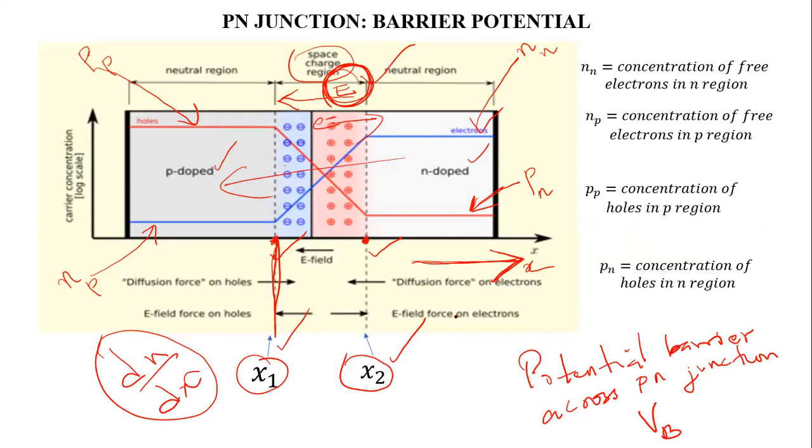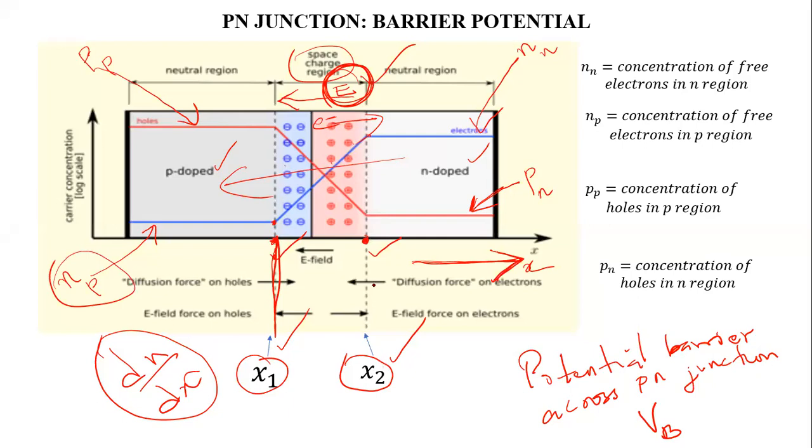n is the variable, meaning the free electron concentration will increase from this to this. At x equal to x1 here, the free electron concentration is Np.